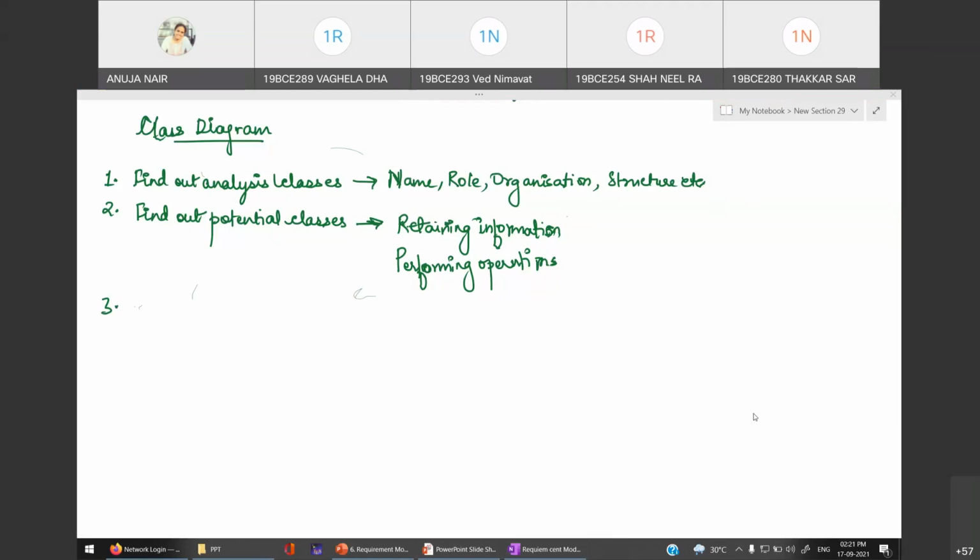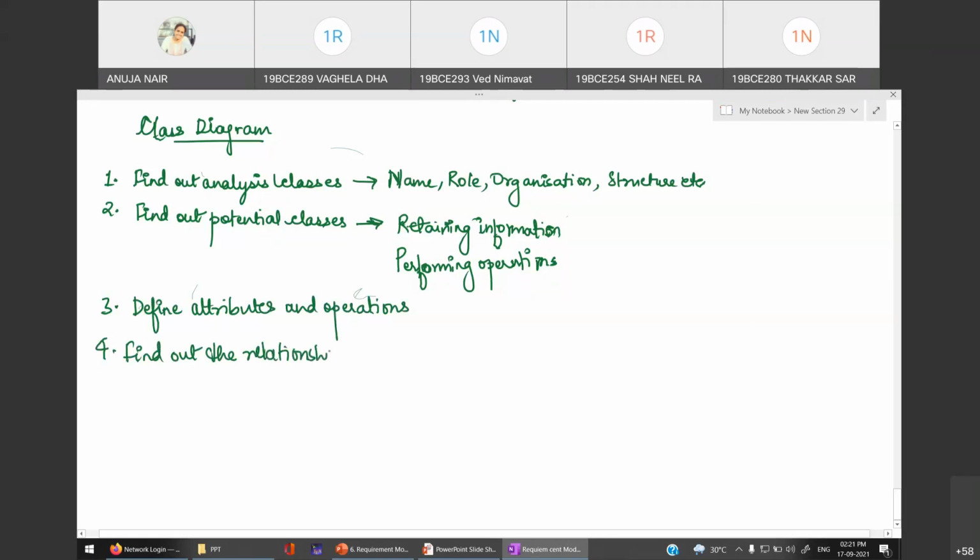Okay. So third step is to define attributes and operations. Right? What is the fourth step? To find out the relationship between all the classes.